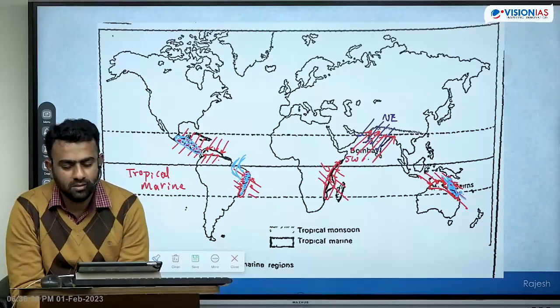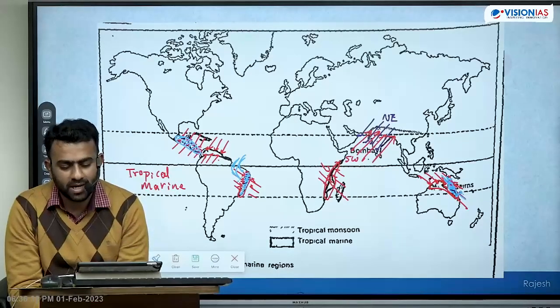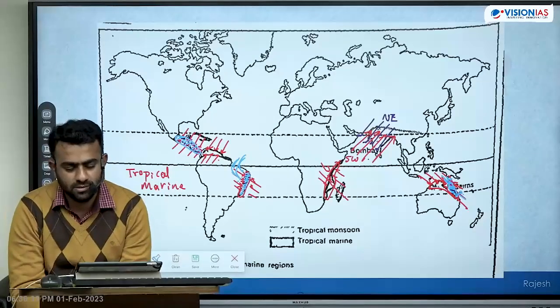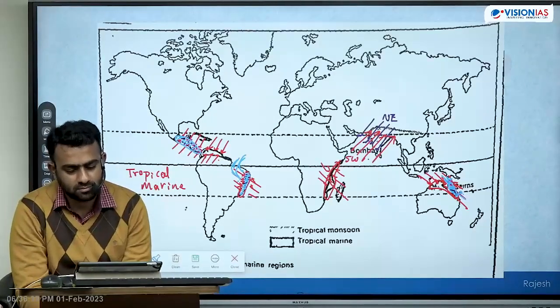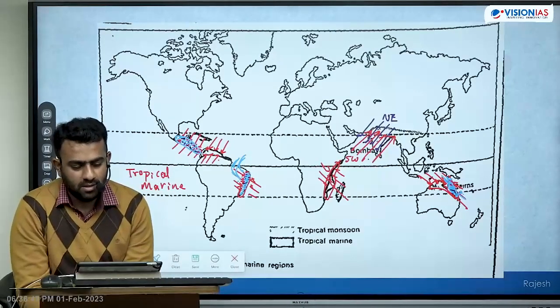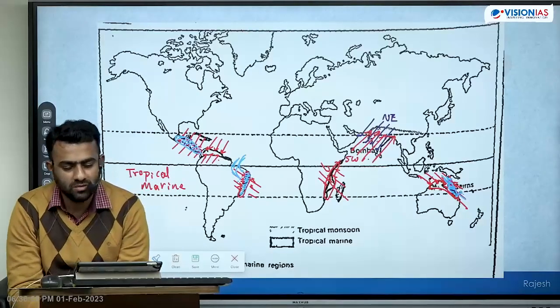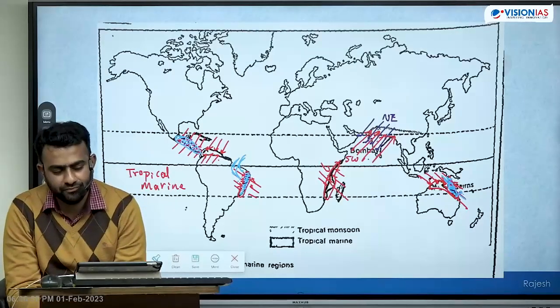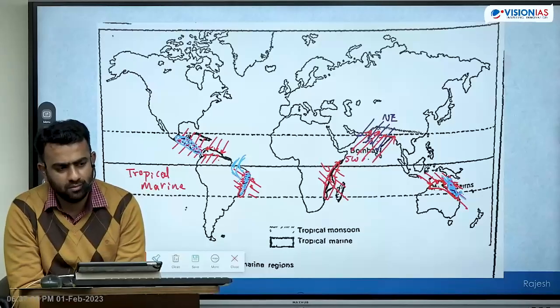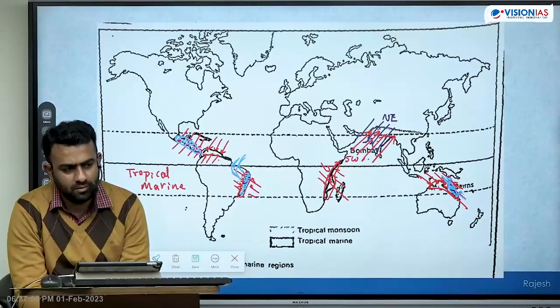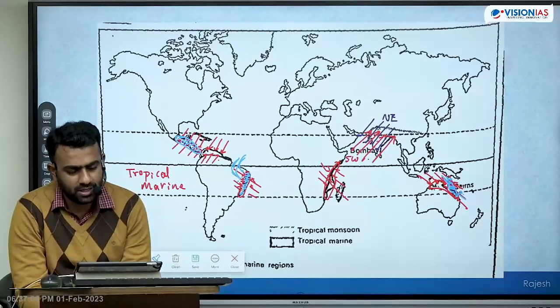Called as tropical marine climate. Examples: Central America, Southeast Brazil, Northeast Australia.